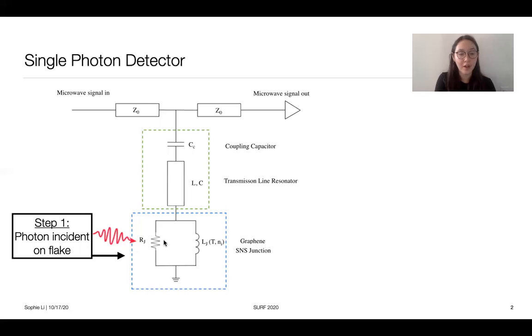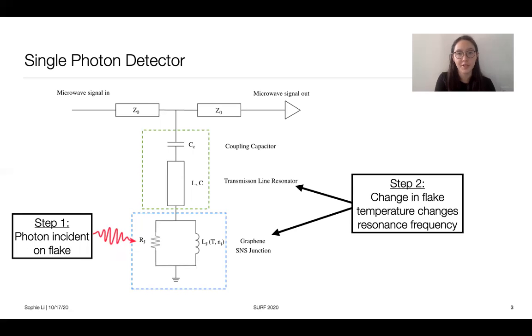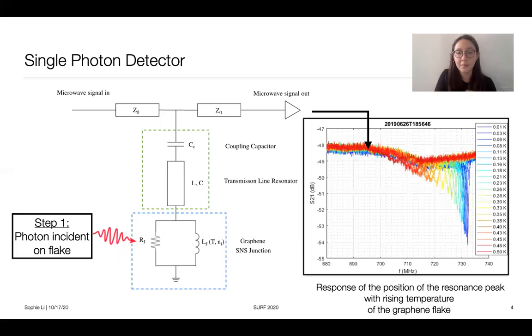The incident photon causes a temperature change on the graphene flake, and this changes the resonance frequency of the resonating circuit over here. And we can measure that resonating peak, which is shown over here. All of these peaks are different resonating peaks at different temperatures. So with decreasing temperature, we see an increase in the resonance frequency. And so with that, one can measure very, very distinct temperature differences.